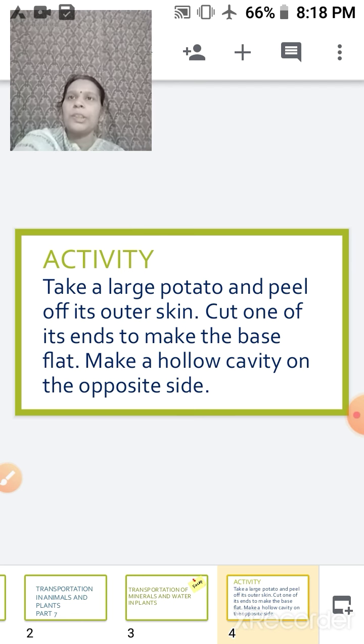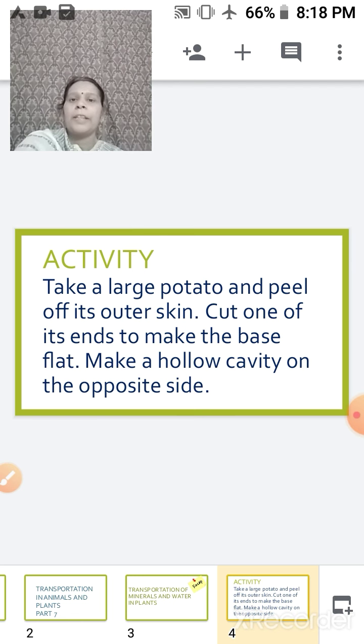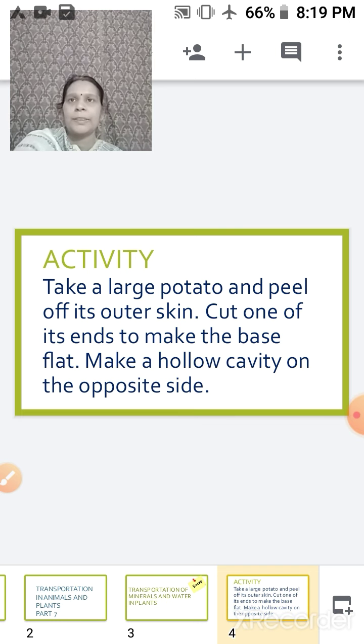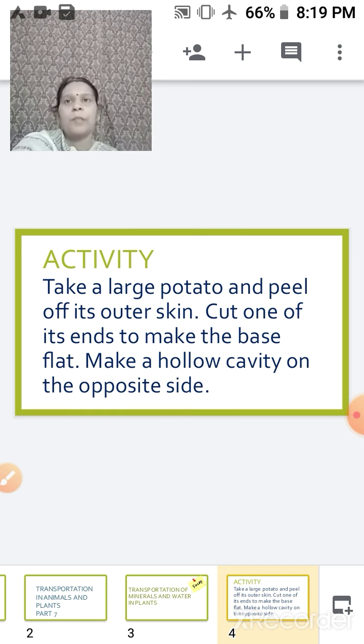These water molecules move from the area where the number of water molecules is more to the area where the number of water molecules is less. So, to understand this, we will be performing one activity.